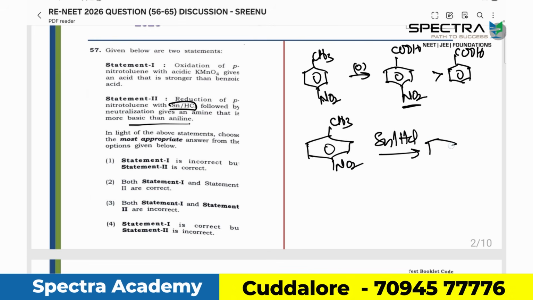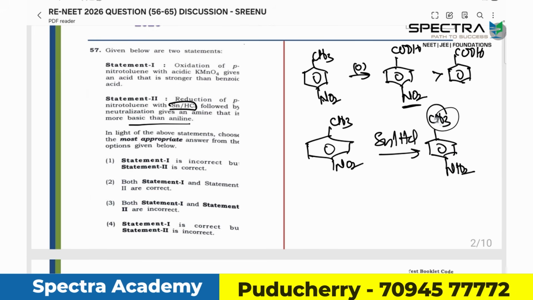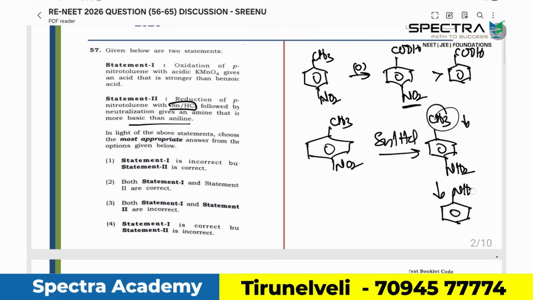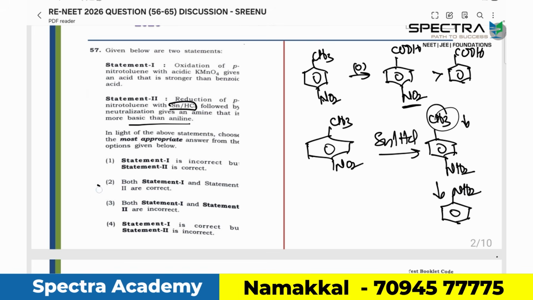On reduction it gives 4-methylaniline. The methyl group is acting as a plus I group, so it is more basic than simple aniline. So in this question both statements are correct. Both statement 1 and statement 2 are correct. Option 2 is the correct one. We'll move to the next one.